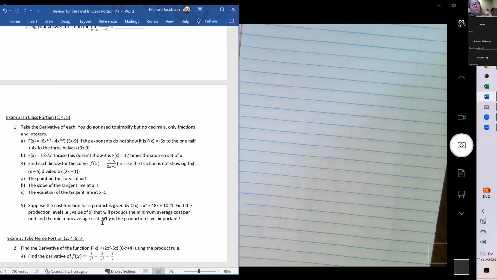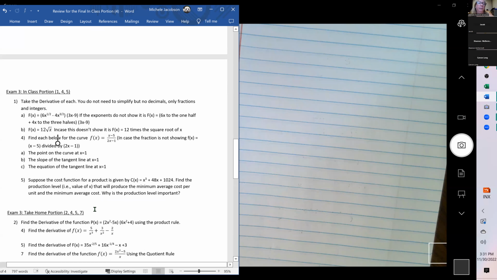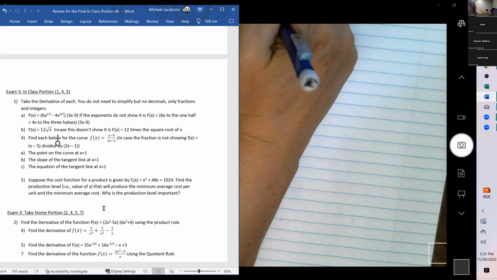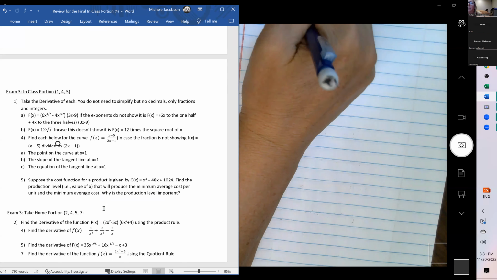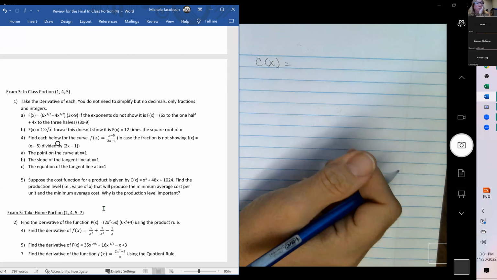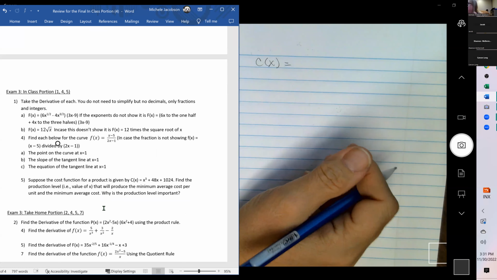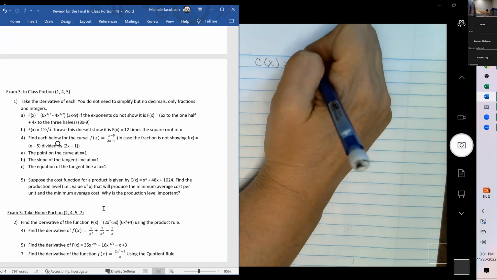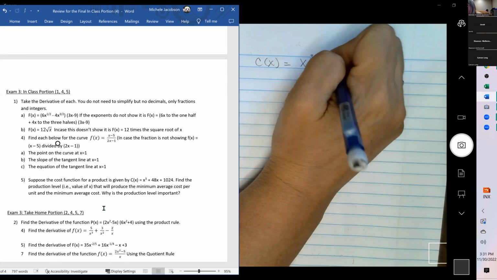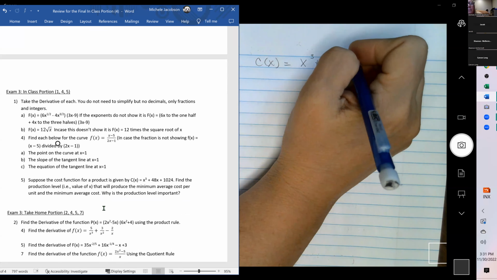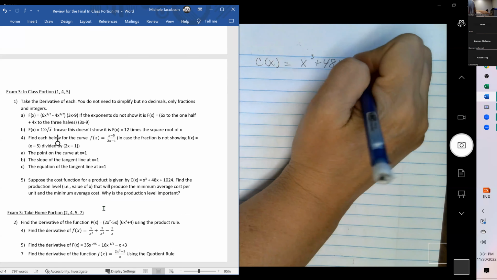Okay, this one here. Suppose the cost function is given by C of x equals x cubed plus 48x plus 1024.